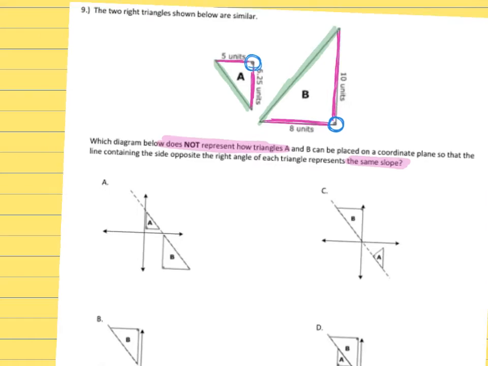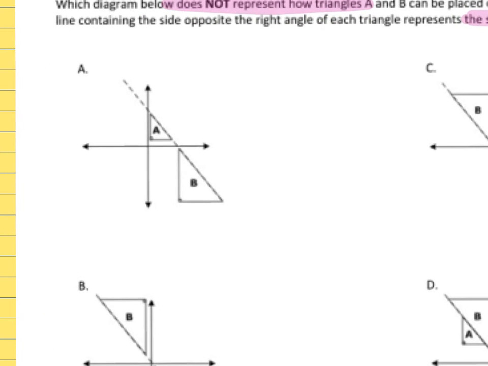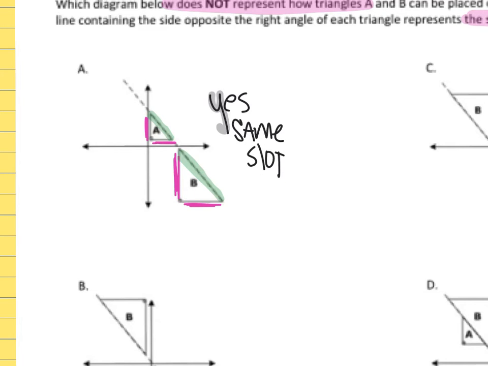So I'm going to come down here and trace over my rise and run. If you find the right angle, I trace over the rise and run. Then the line that's connected between those two, is it going in the same direction? Yes, this one does have the same slope. So I would not want to pick that one.